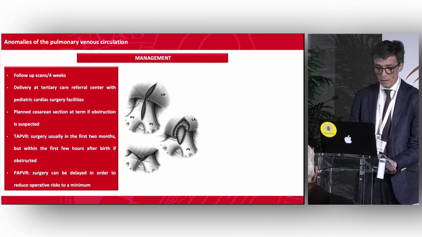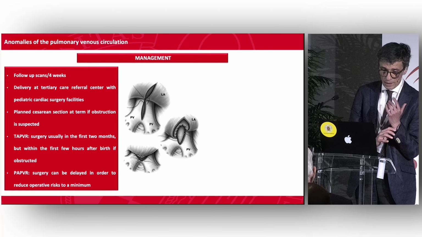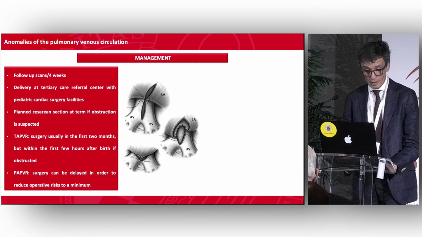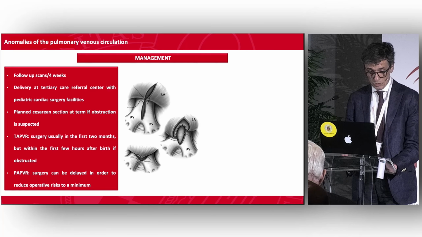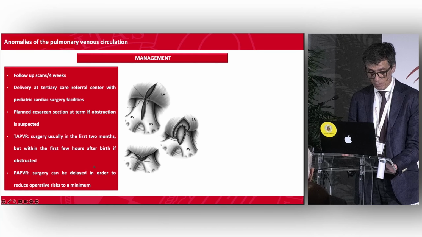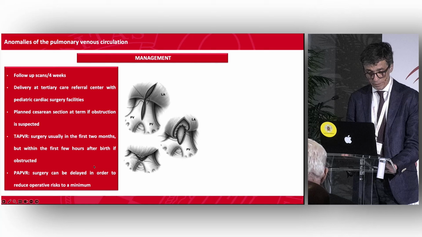Just to conclude, this baby should be followed up to 4 weeks. They should be delivered in a tertiary care referral center, and they may need surgery, usually performed in the first 2 months of life in totally abnormal pulmonary venous return, and sometimes even in the first hours after birth if obstructed.